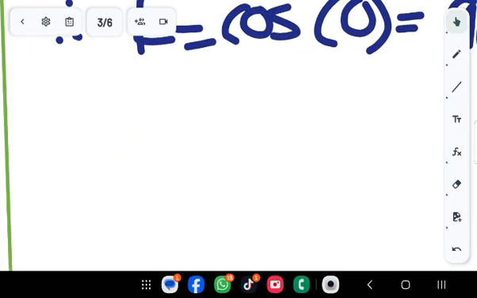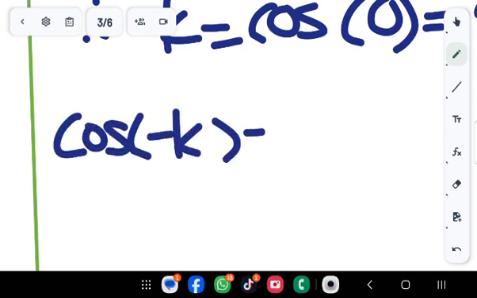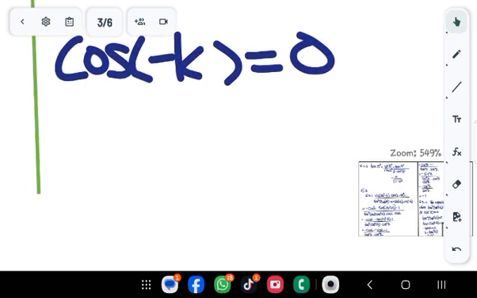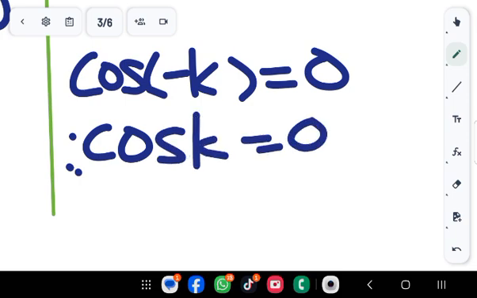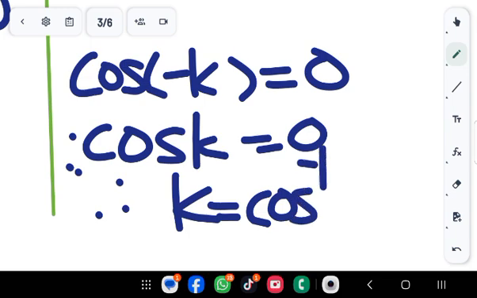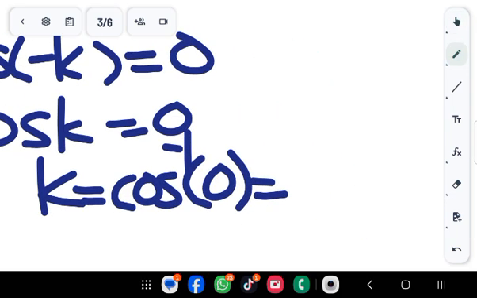And the last one, cos of minus k equals 0. Therefore, cos of negative k is cos of k, because that's what happens when you reduce this, meaning that k equals cos to the minus 1 of 0, which is equal to 90 degrees.